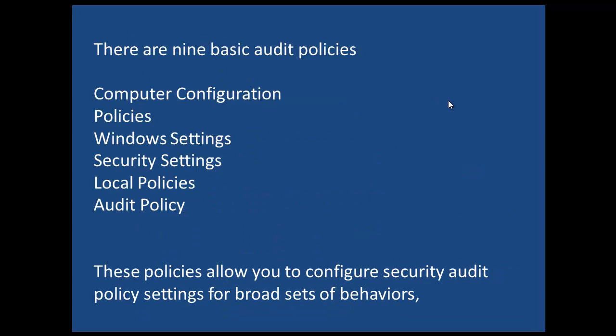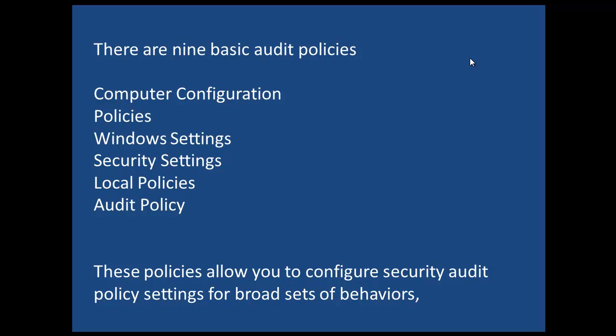There are 9 basic audit policies that we need to look at. We find the audit policies by going through computer configuration, policies, Windows settings, security settings, local policies, audit policy.